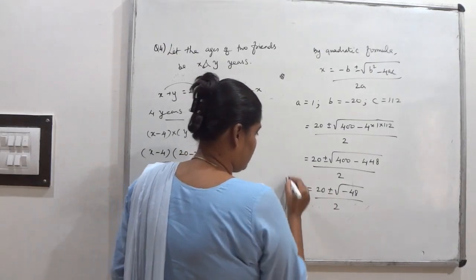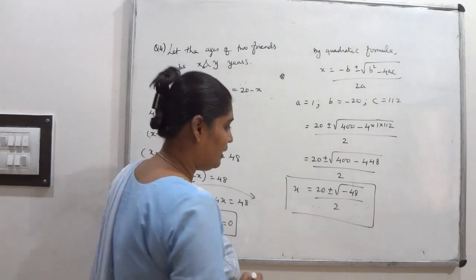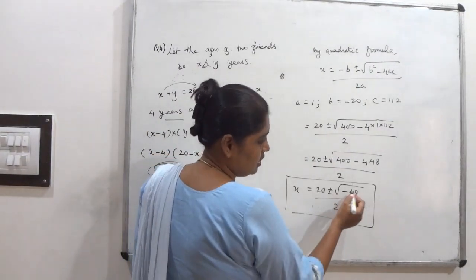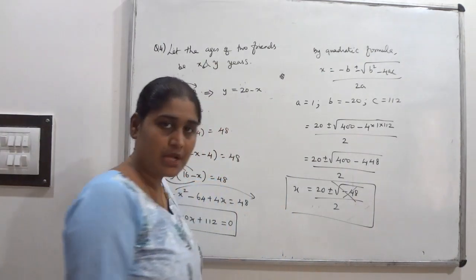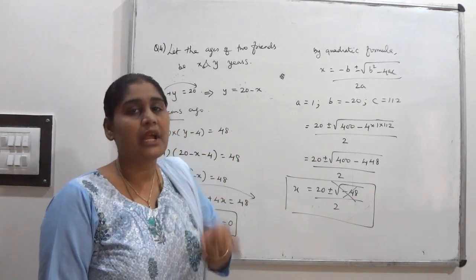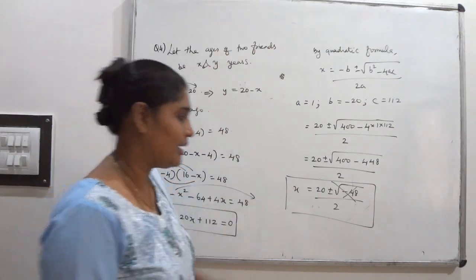See, this does not exist. Why does it not exist? Because the root value is negative. When the root value, that is the discriminant D, is negative, we cannot find the solution of the quadratic equation.